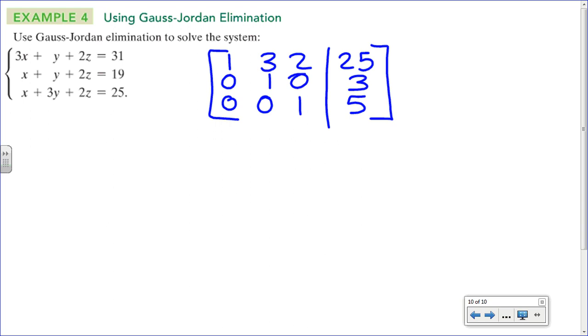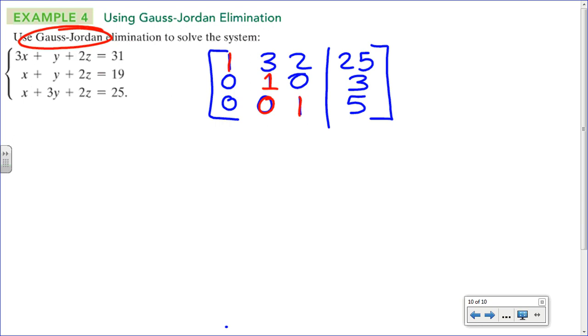So what I want to do first is, we have this 1, and we already have a 0. What do we need? Another 0 above, because we're doing the Gauss-Jordan, the one that has 1s across the main diagonal and 0s everywhere else.